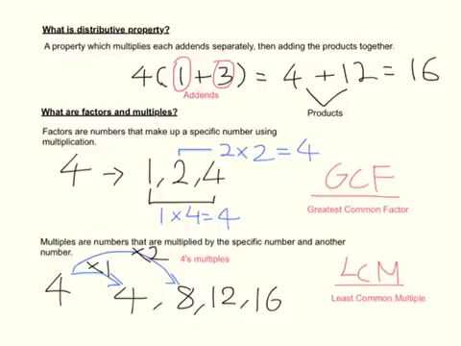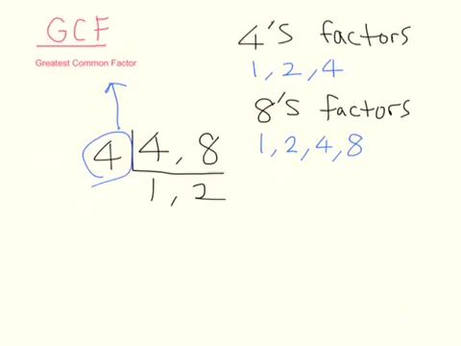Now let's see. 4 times 1 is 4. 4 times 2 is 8. 4 times 3 is 12. 4 times 4 is 16. 4 is a multiple of 4. 8 is a multiple of 4. 12 is a multiple of 4. 16 is a multiple of 4. And it keeps going. On the next 2 slides, I will show you what is GCF and how to solve it, and what is LCM and how to solve it.